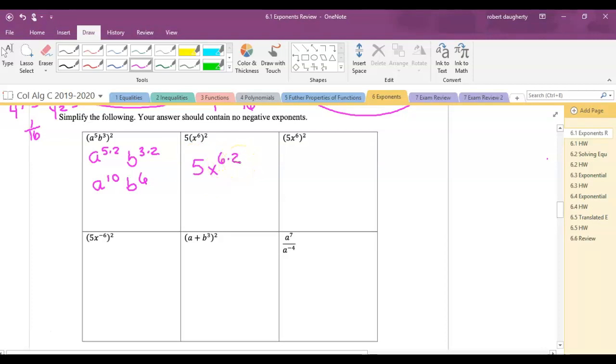Remember, the 5 is not being squared, just the x to the 6. So this is 5x to the 12th. Now in the next one, what's being squared is the 5 and the x to the 6. So this is 5 squared x to the 6 times 2. This is 25x to the 12th.